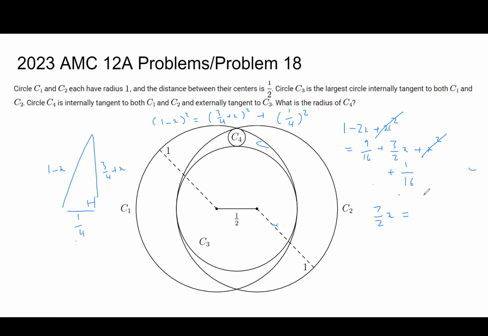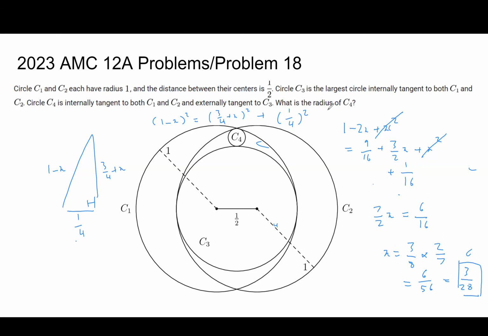Wait, 16 minus 9, 7. So it'll be 6 over 16. 6 over 56. And that simplifies to 3 over 28. So 3 over 28 is my x.